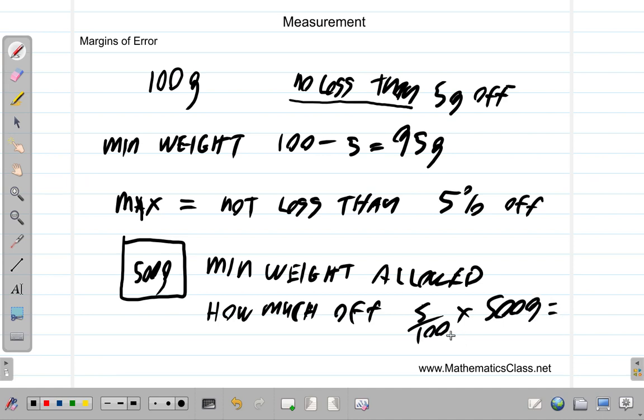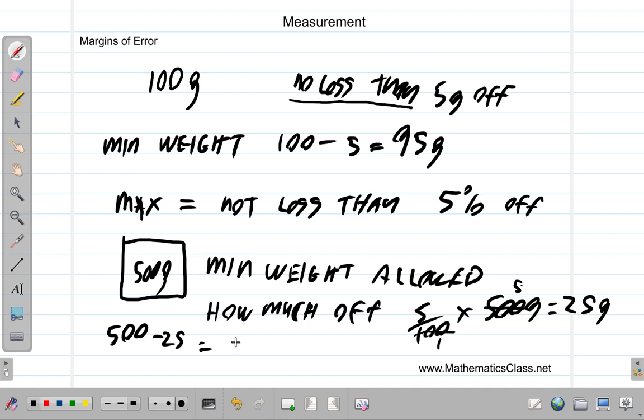And then you do your calculation. You have 100 into 500 is 5, 5 5s are 25. So it can be up to 25 grams less. So the minimum weight allowed is going to be 500 minus 25 grams, which is what? That would be 500 minus 20, that would be 480, minus 5 more.